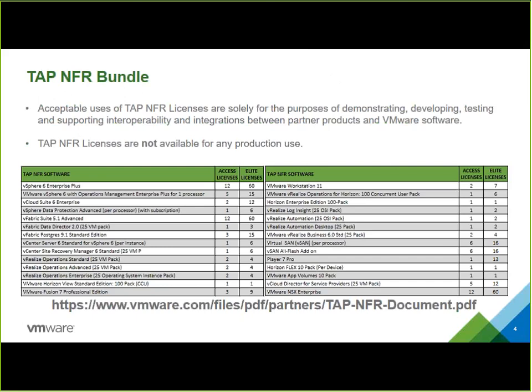TAP NFR licenses are not available for any production use. Production uses of the licenses include, but are not limited to, using VMware NFR software for the partner's own information processing or computing needs, or the demonstration, development, testing, or support of partner products that have not yet been developed or integrated with VMware software pursuant to the TAP program.